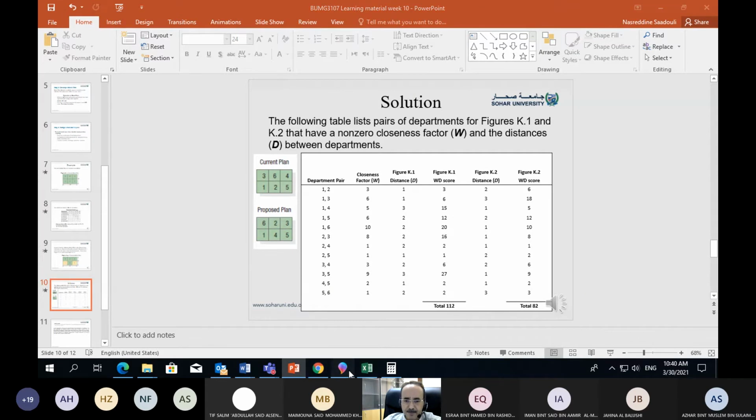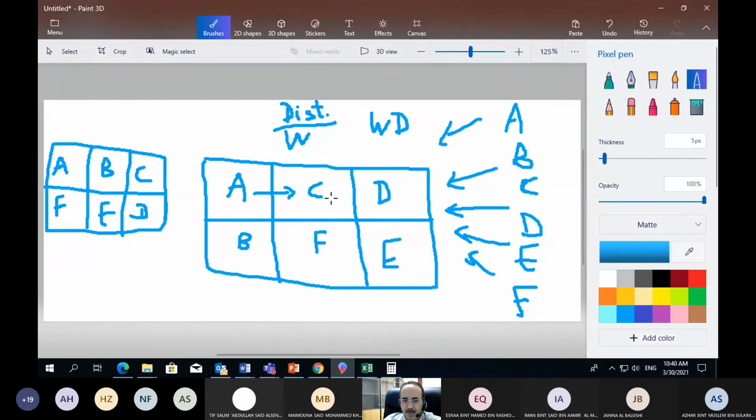And in our case, it is definitely an assignment problem. I have 6 spaces and I have 6 departments in this example. And I need to decide where to put each one of these, given that we want to minimize the total distance that is traveled, which is W times D.